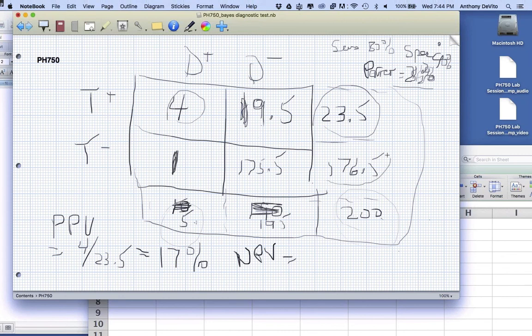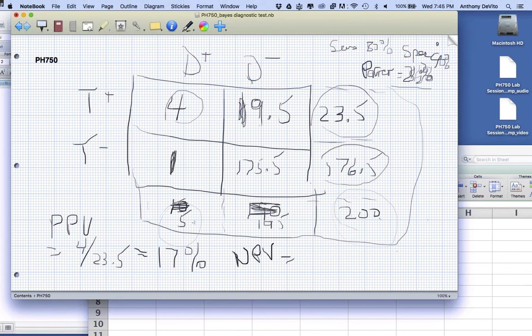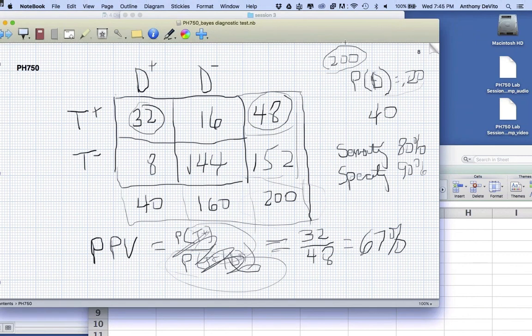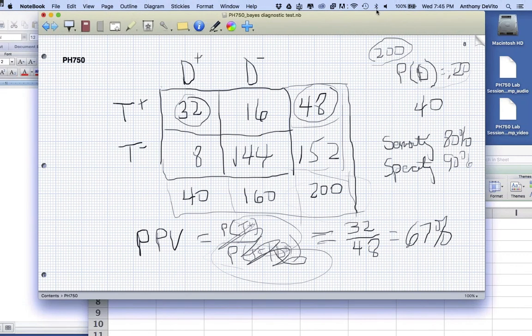So you have 176.5. I'm going to do the other one first. It's going to be simpler. So in this case, the negative predictive value is going to be equal to, let's see what we have here. We have 152 people that tested negative, 144 of them actually are negative. So out of 152, 144 are negative.